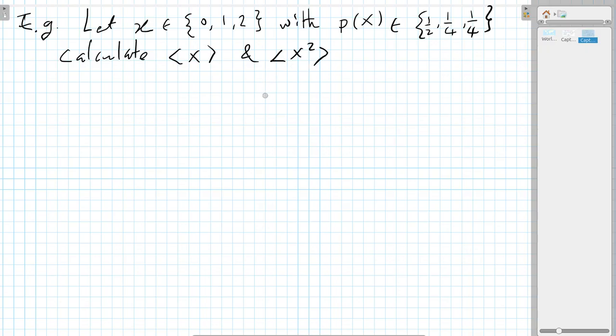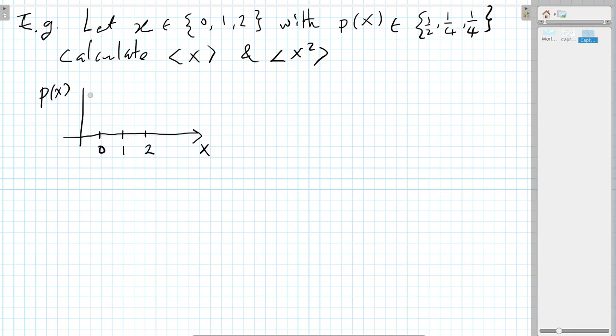The information we are given is p of x, the probability for each possible value of the random variable x. So x can be 0, 1, or 2.